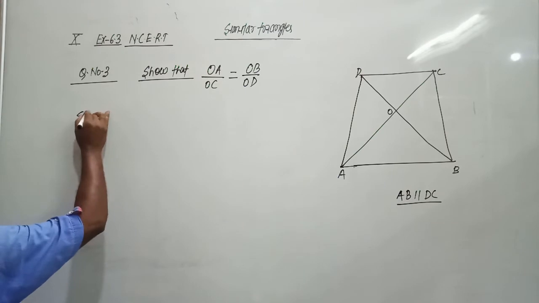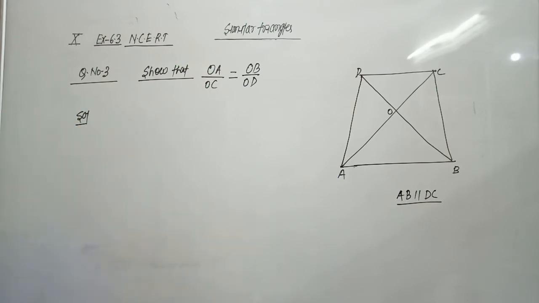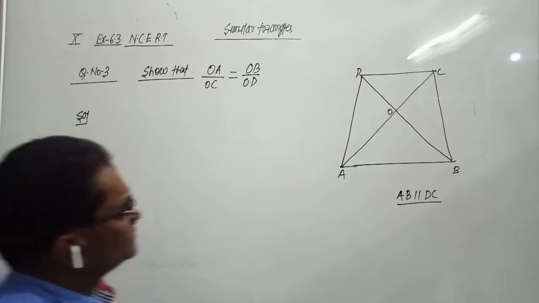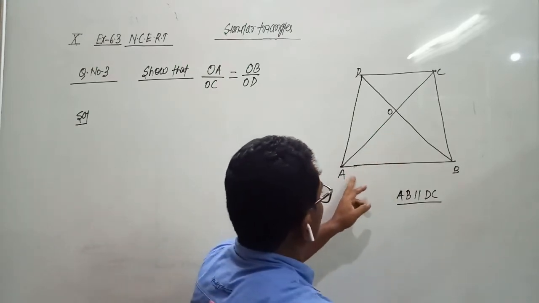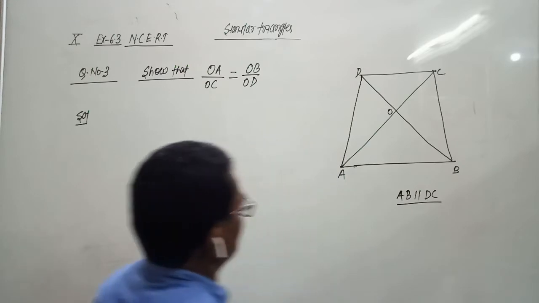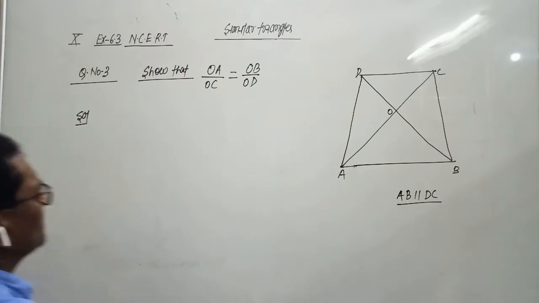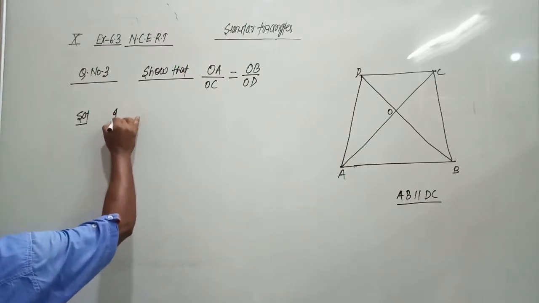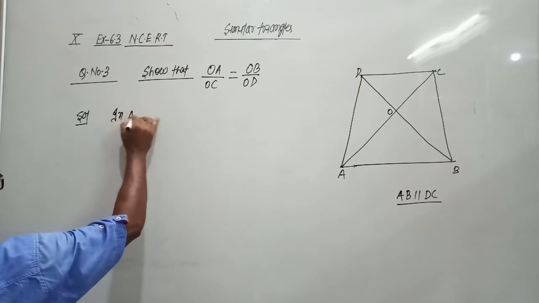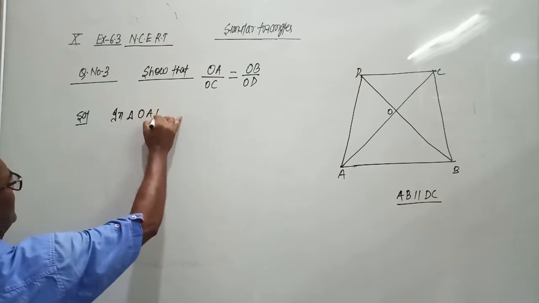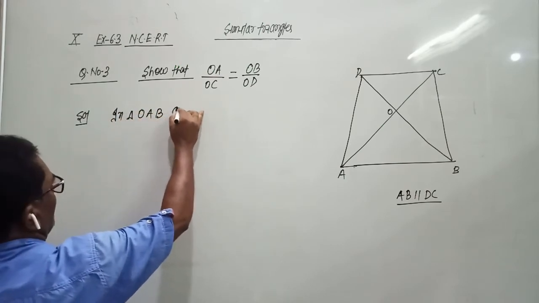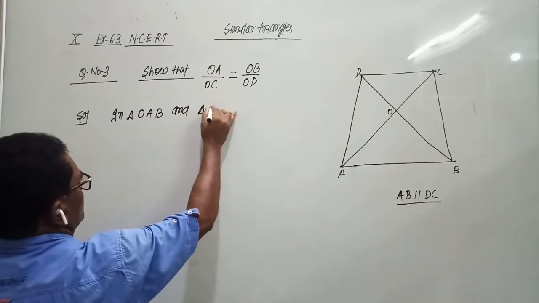So, since AB is parallel to CD and AC and BD are the transversals, we take two triangles, OAB and OCD.